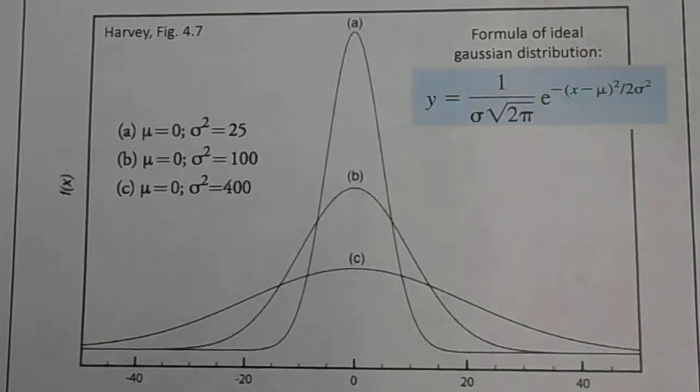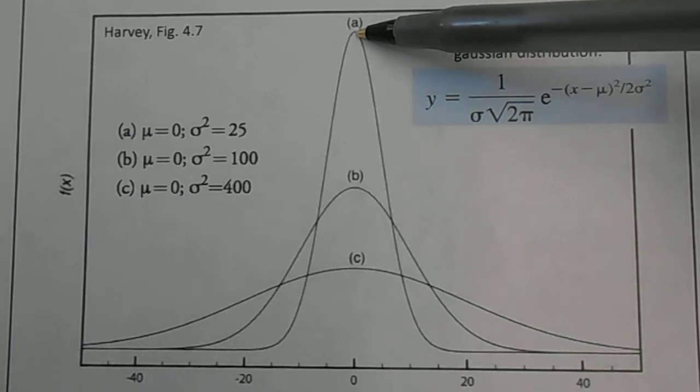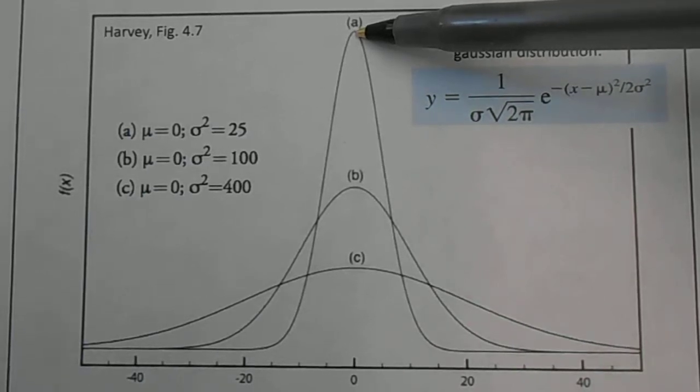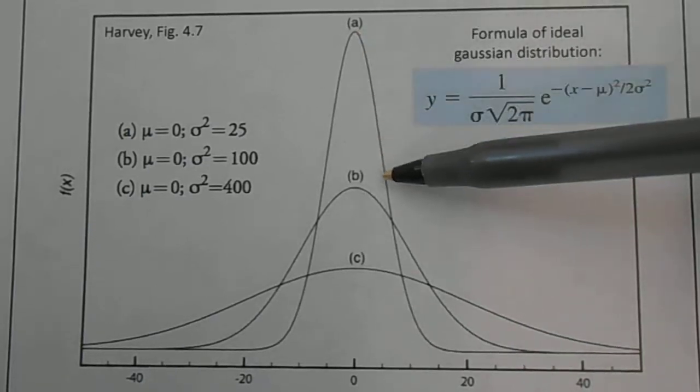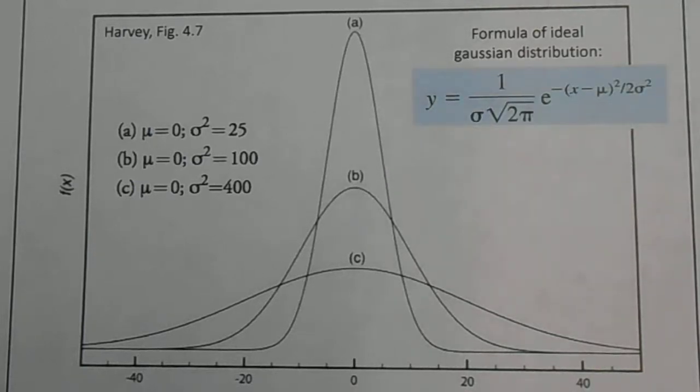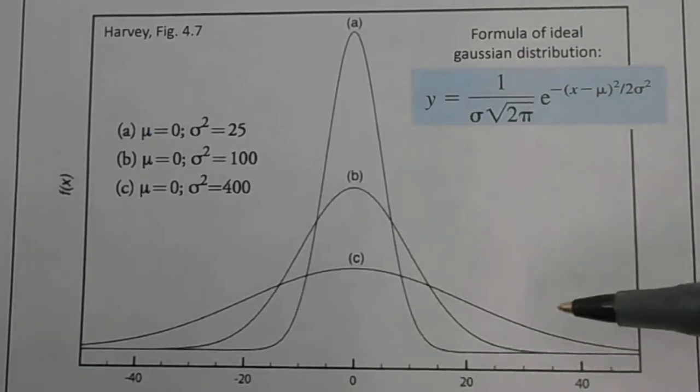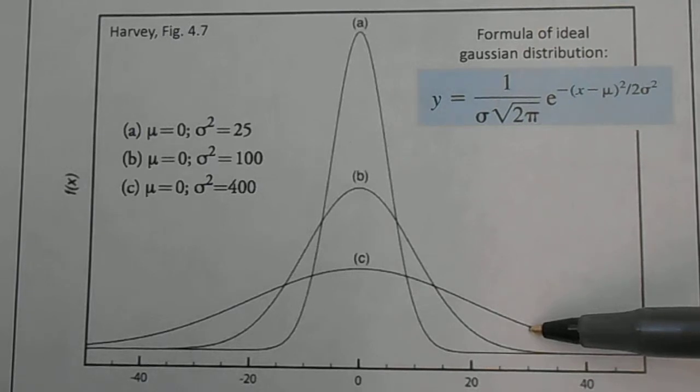So this generally tells us that a nice sharp Gaussian is much more precise data, because all the data points are more closely distributed around the mean, where something like this one would be much poorer precision since they're so broadly scattered.